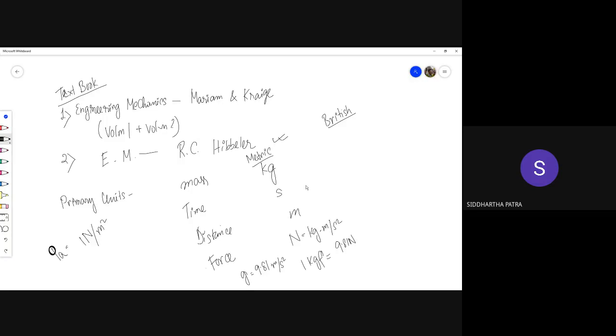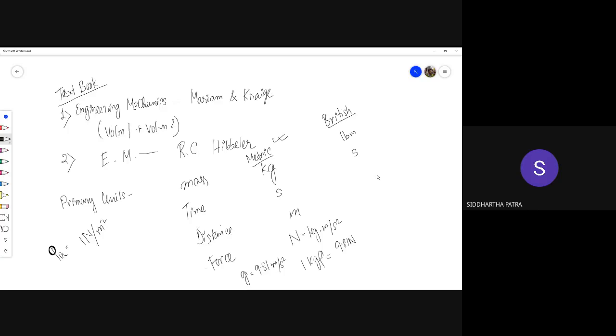Now can you tell me what is the unit of mass in the British system? Pound. We write it as lb, or at times also as lbm. Unit of time is second, no issue, and distance can depend.